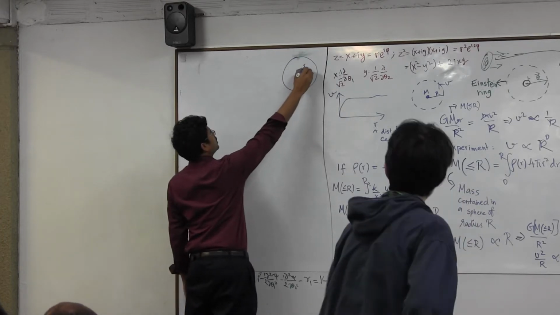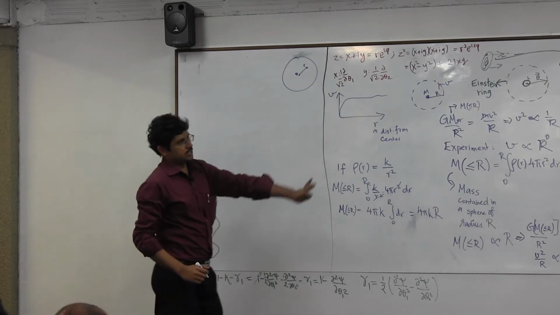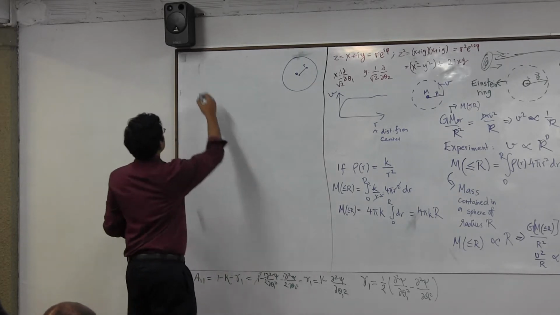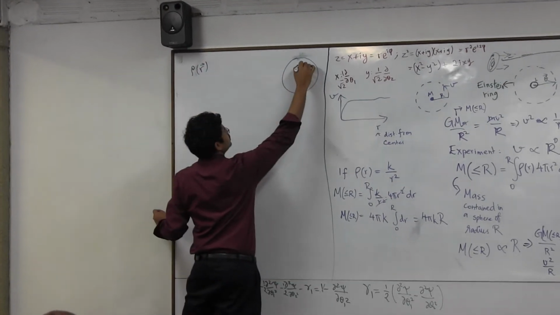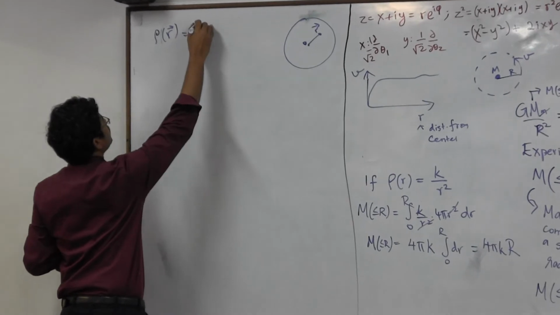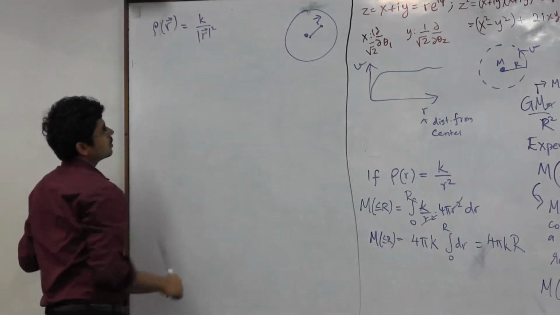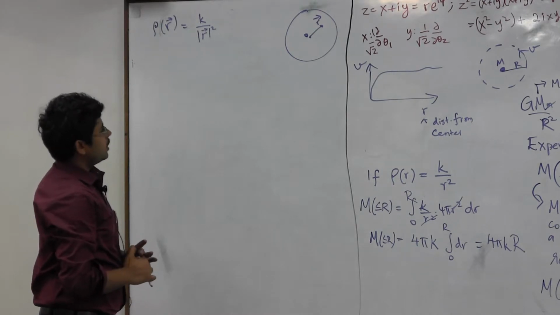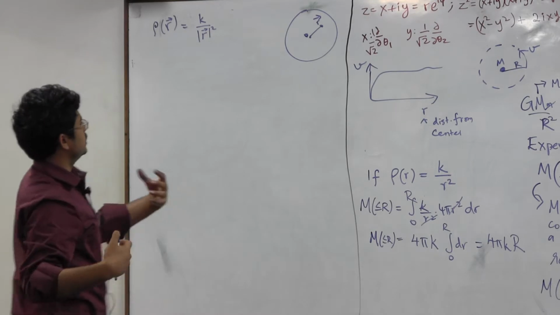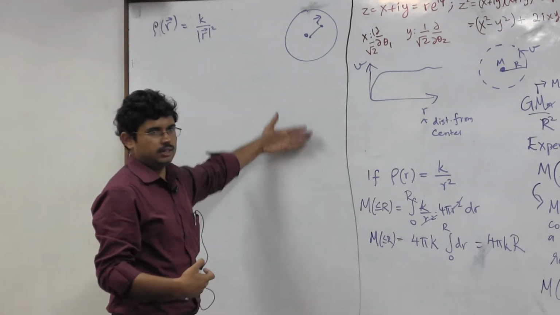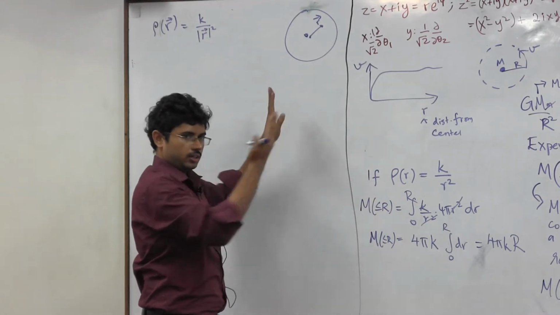If you take a point at a distance r, the density there is some constant. We'll just call that k. And so let's assume that we are the observers here, and this is the plane of the sky. We have to integrate, and this is a sphere, so we have to integrate along this line of sight.